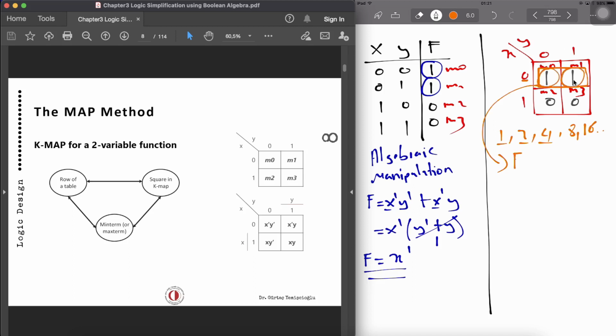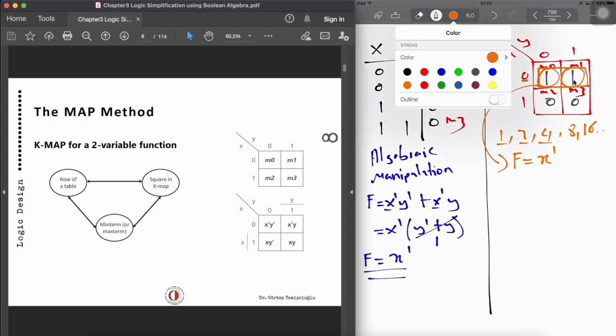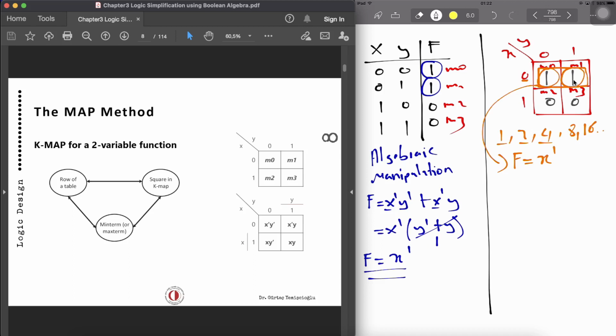So I can say that x is always 0, so I can say this is x prime. Then I have to check y as well. Now at this point, y is 0, at this one, y is 1. So I can see that y is changing, so I don't write that. So this is the rule.